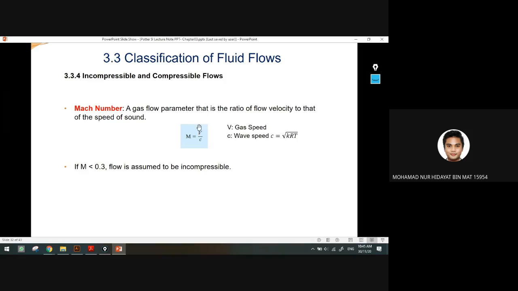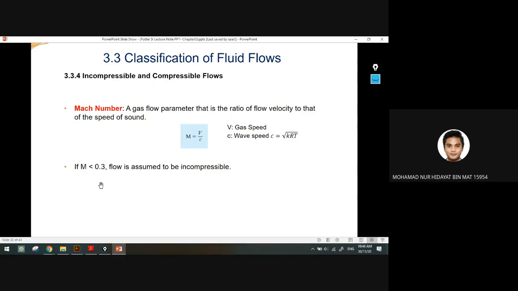So if the question gives you an indicator of Mach number 0.3 or below, that means the speed is very small. When the velocity is very small, it definitely involves water. Water moves at a very small velocity compared with air.